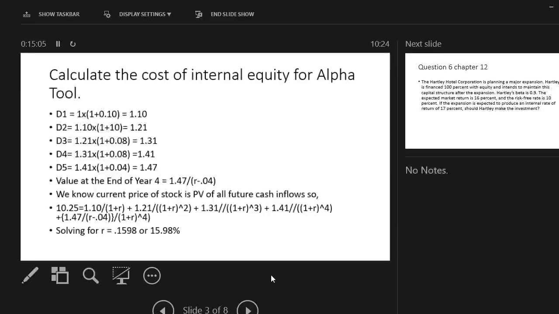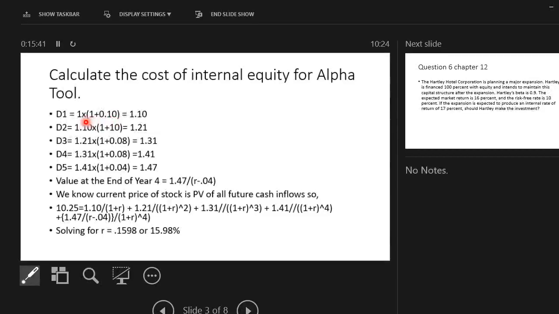D1, I took $1, right? That's represented by that 1 there. Let me put my highlighter on. So on D1, I've put a 1 here, which is $1, which is, remember, the current dividend is standing at $1 per share. So this $1 has to be increased by what? By 10%. So that's why I'm saying $1 multiplied by 1 plus 0.10.